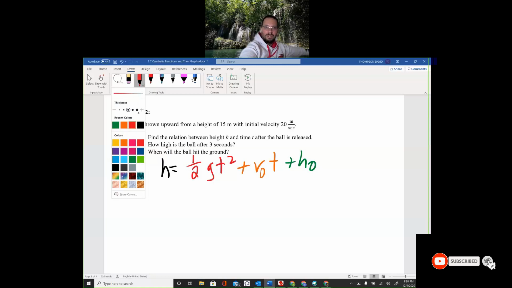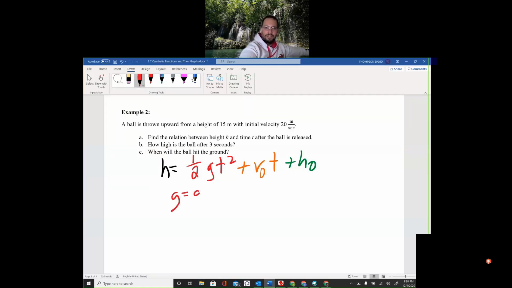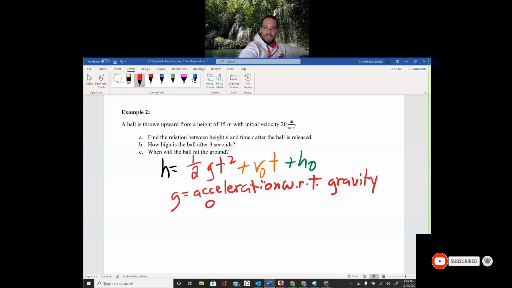G is your acceleration with respect to gravity. It's always 9.8 meters per second squared.